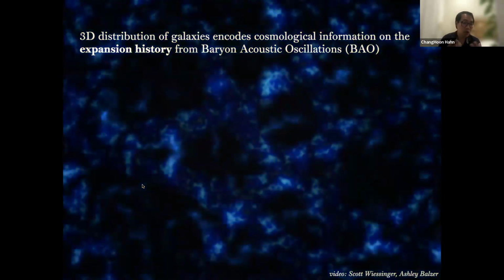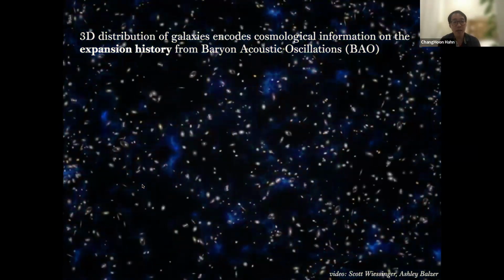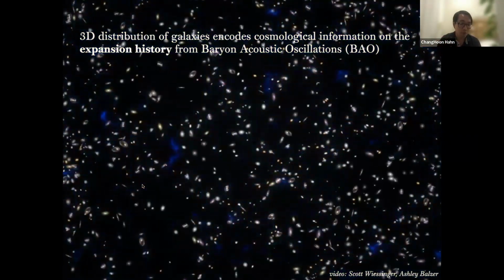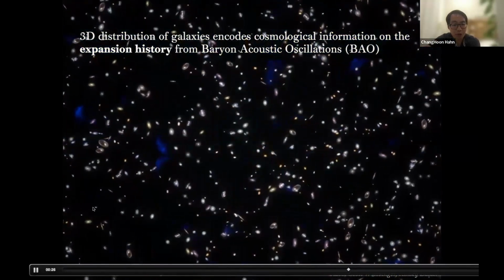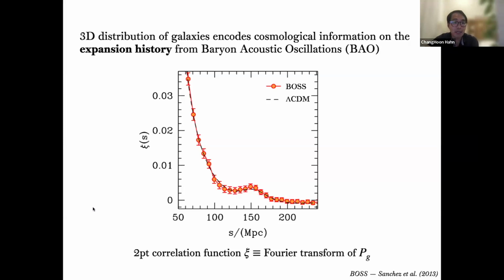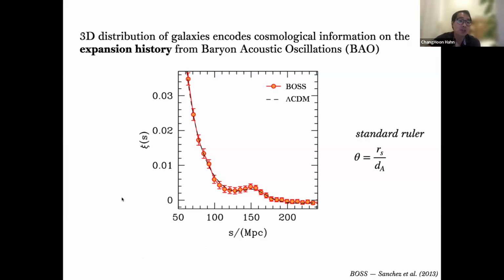So what that means is on the scales of these baryon acoustic oscillations, BAO, galaxies are more likely to form. So if we were to measure their 2-point correlation function, we would find a slight increase in the probability of finding galaxy pairs at the physical scale of the baryon acoustic oscillations. And then we can use that as a standard ruler to then measure the expansion history over time.